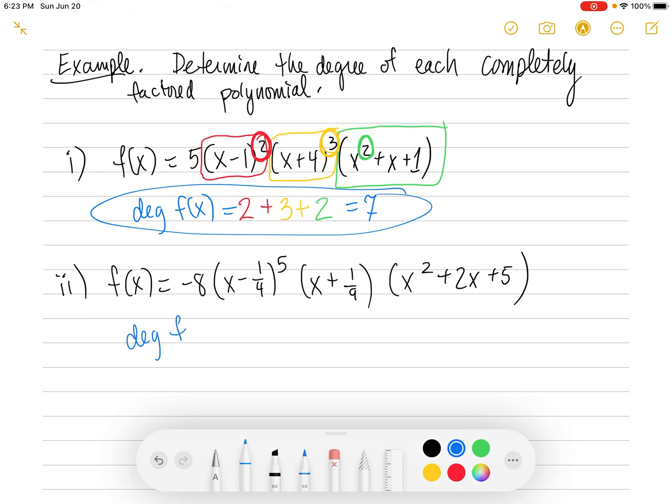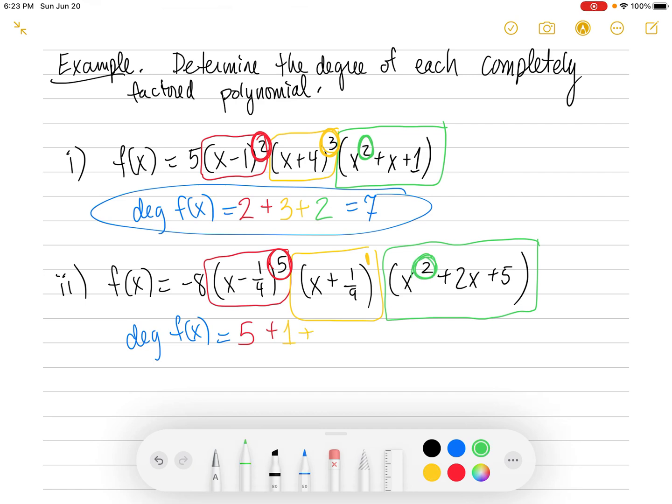So if I want to find the degree of this completely factored polynomial, I'm going to look at each major factor: the first one, the red, the second one, the yellow, and the third one, the green. I'm going to look at the degrees of those and then add them up. The first one has a degree of 5. That's that big exponent out there. Plus the degree of the second one, which only shows up one time. You can imagine there's an exponent of 1.